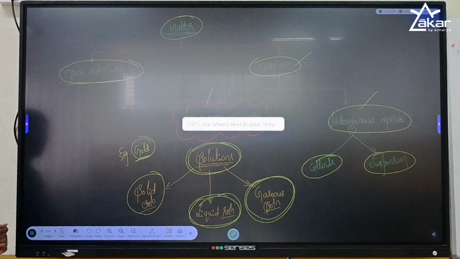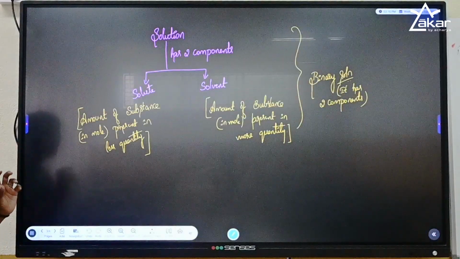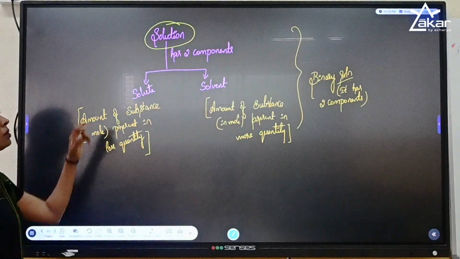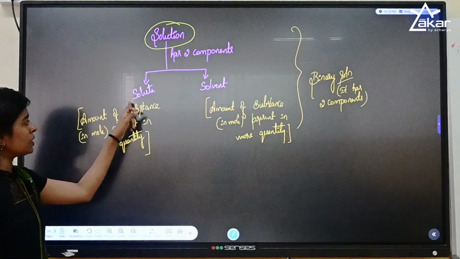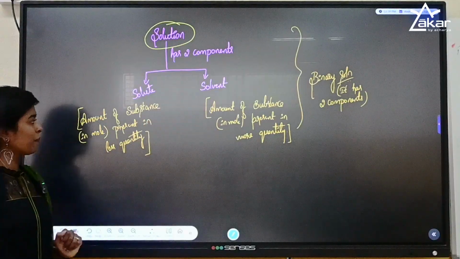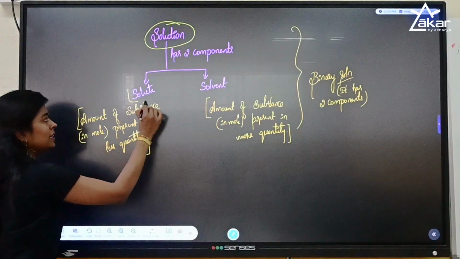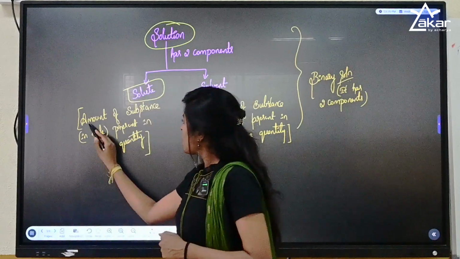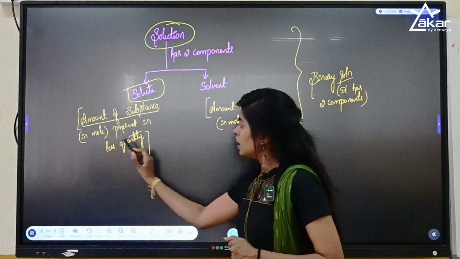Next, we are moving on to the important components of a solution. As I told you, a solution has 2 important components, one is solute and the other is solvent. So how can you define the term solute? Solute means amount of substance.